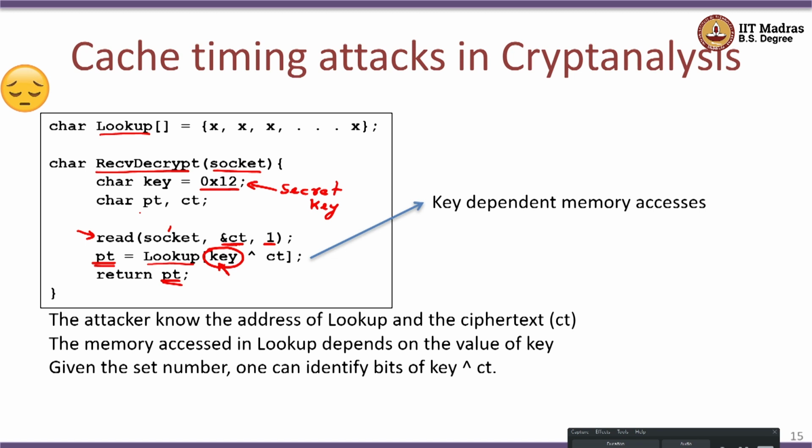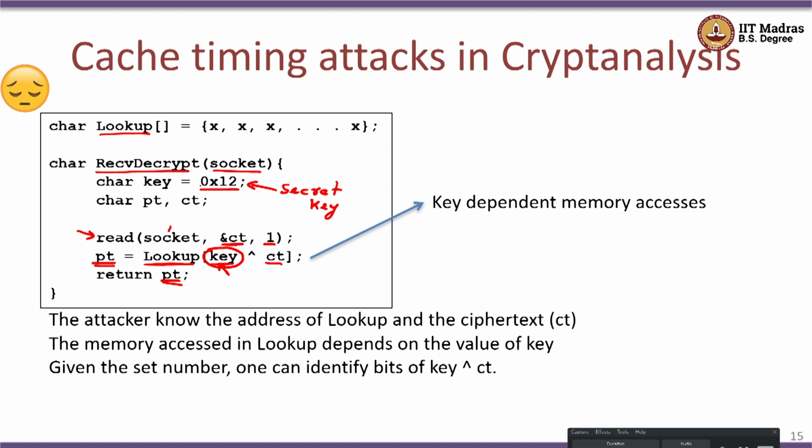So first thing to observe is that there is a key dependent memory access for this particular lookup, right? So in other words, the index to this lookup depends on the secret key in addition to the ciphertext. So notice that the ciphertext is essentially sent through the network. It may be received through a network through this particular socket.